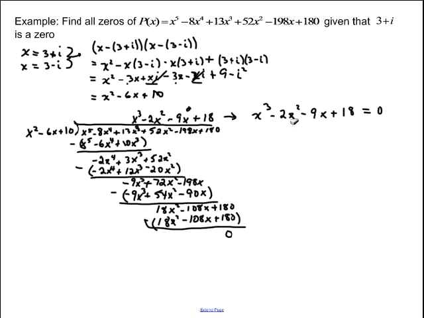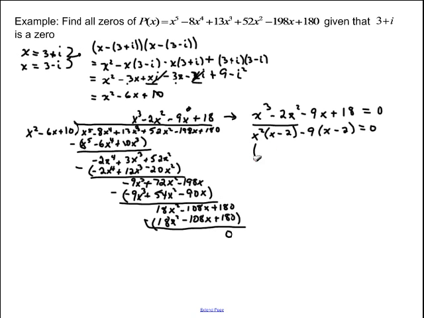Well, this one can be factored directly by grouping. Notice that in the first two terms, if I factor out x squared, I'm left with x minus 2. And in the second, where I factor out minus 9, I'm left with x minus 2 again, equals 0.